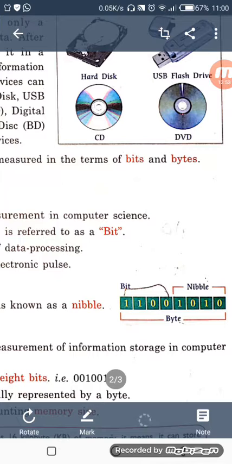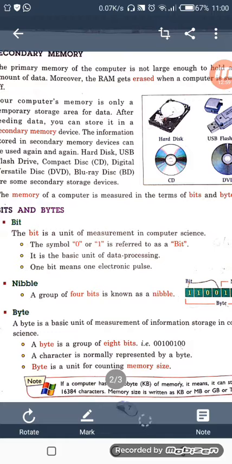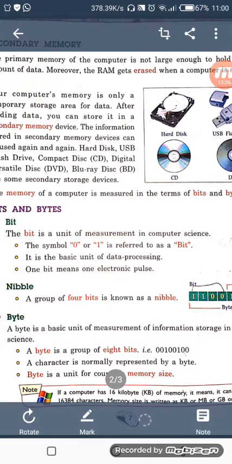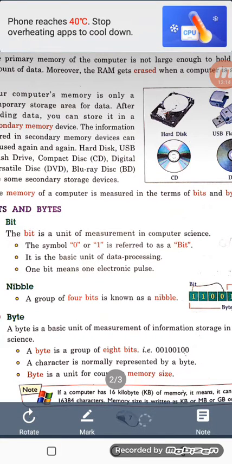Our computer accepts binary digits, 0 and 1. So the unit of measurement, the symbol 0 or 1, is referred to as a bit.